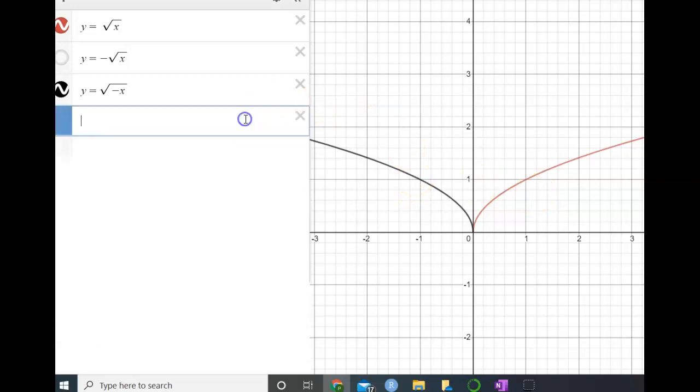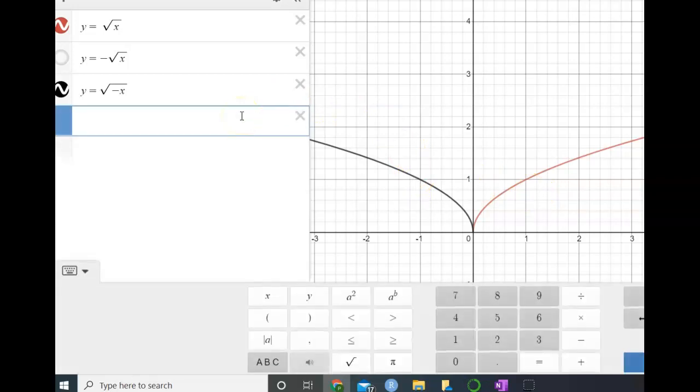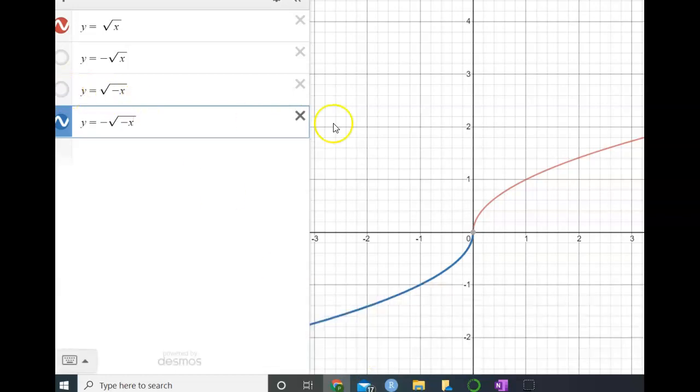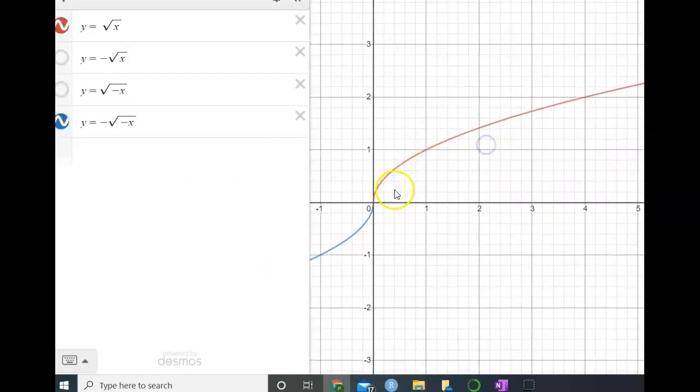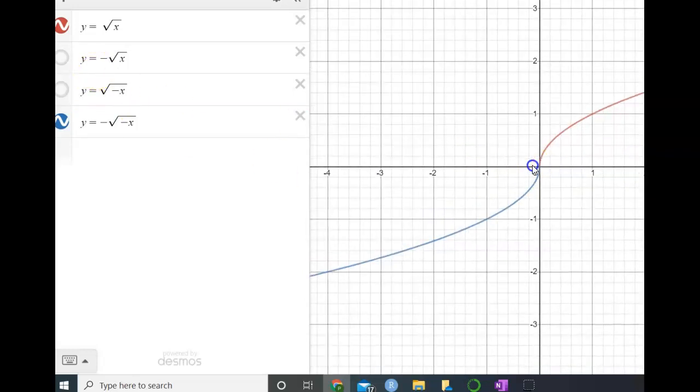So what would happen if we make both negative, meaning having both reflections, one across the x-axis and one across the y-axis? I'm going to get rid of this one here. And here we have it. This is the parent function, the one in red, and the one in blue is a reflection across both the x and the y.